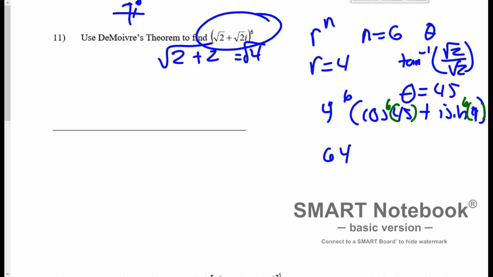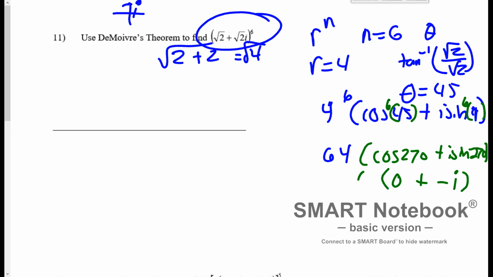So I'm going to find cosine of 270 plus I sine of 270. Okay, and cosine of 270 is just 0. Sine would be -1, so negative I. And then times by 64, so it'd just be 0, negative 64I.